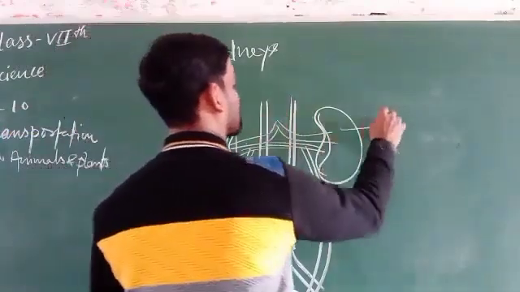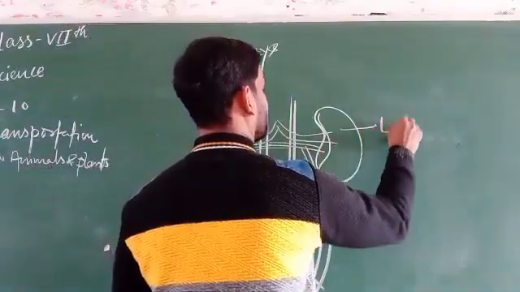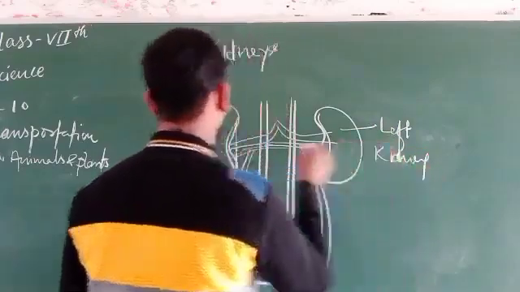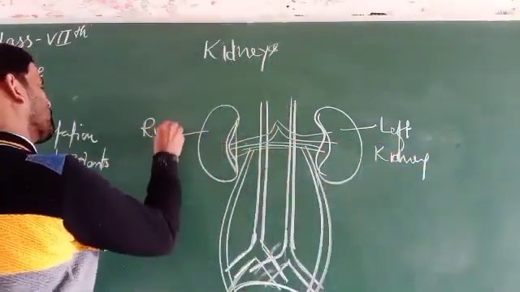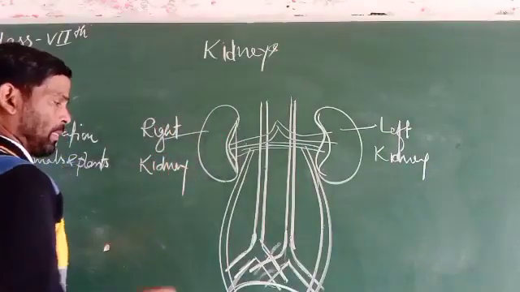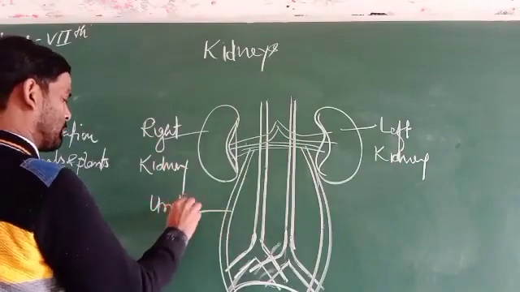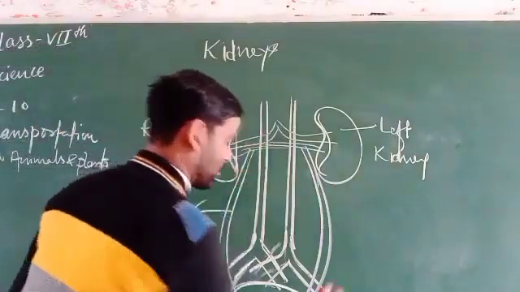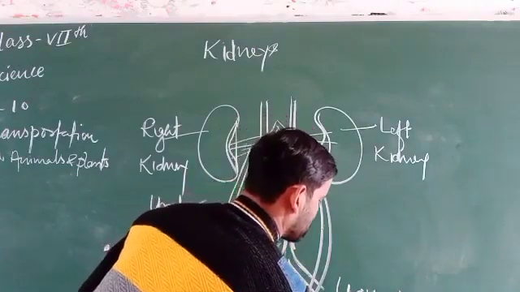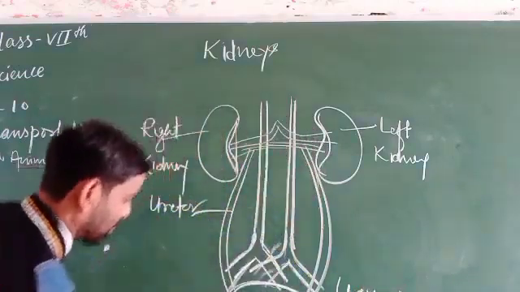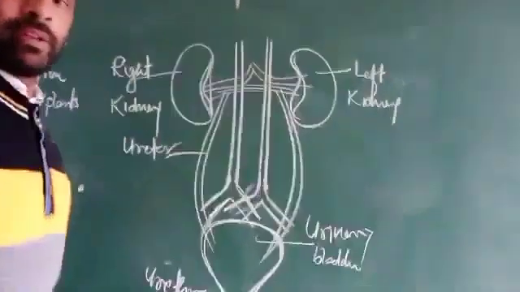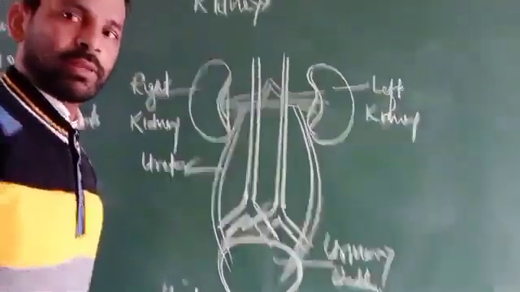That is called the left kidney and right kidney. This is the ureter, that is the urinary bladder, and that one is called the urethra. We know very well the urethra and urinary bladder.